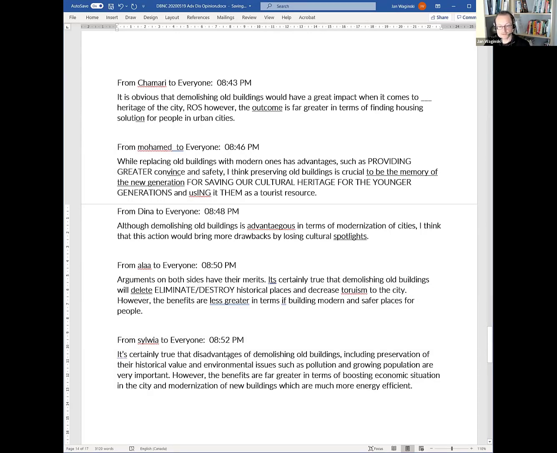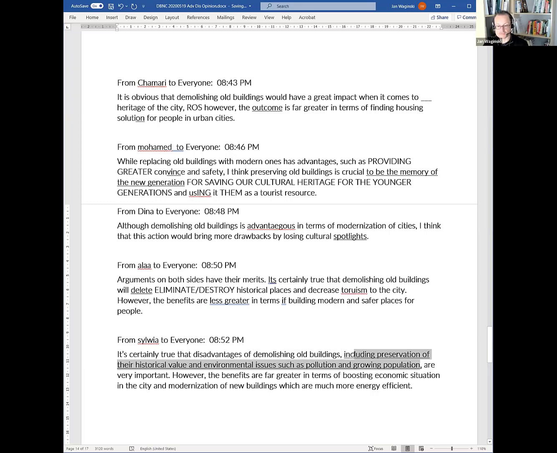It's certainly true that disadvantages of demolishing old buildings. Okay, so Sylvia, you definitely need a comma here. And it's not clear how these are related to demolishing old buildings.